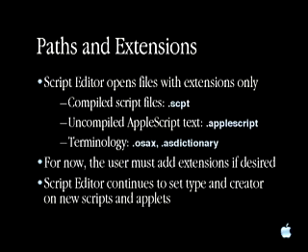So scpt is our compiled script file. .AppleScript is our uncompiled raw text of AppleScript, and I assume that there will be other .script files that may or may not be opened in the script editor for other types. And we have two special types for terminologies. .osax is a scripting edition, and .asdictionary is for anything else that has an AppleScript dictionary, whether or not it has code attached to it.